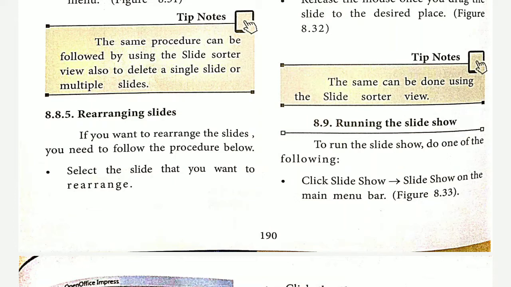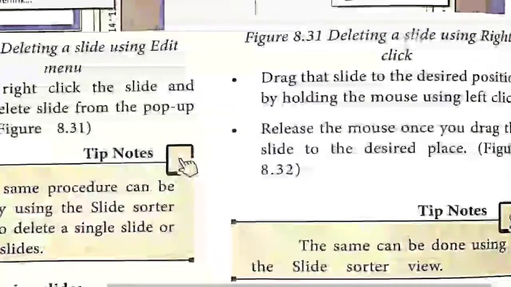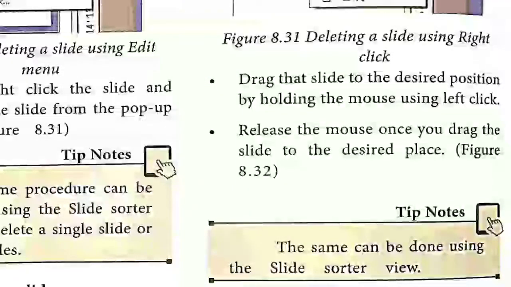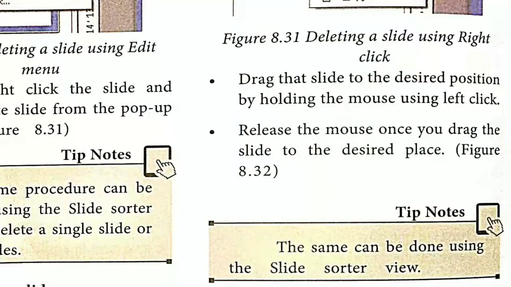If you want to rearrange the slides, you need to follow the procedure below. Drag the slide to your desired position: hold the mouse with the left click and release the mouse once you have dragged it to the desired position.